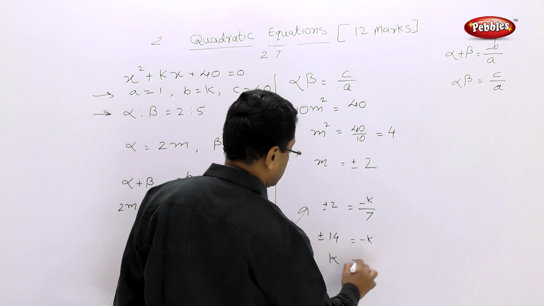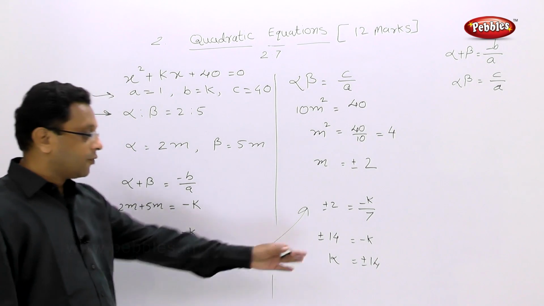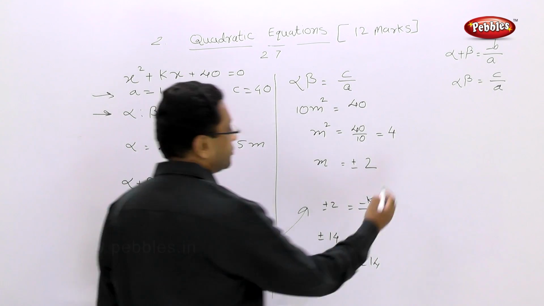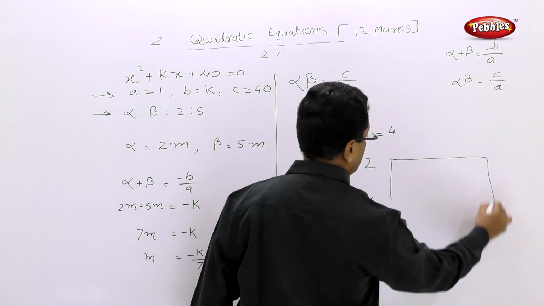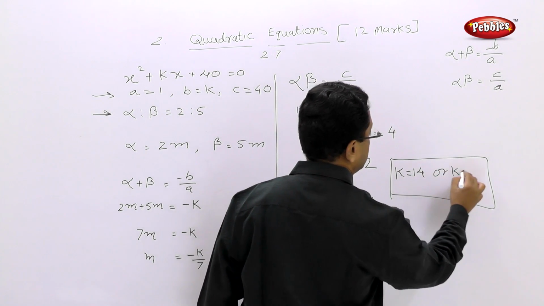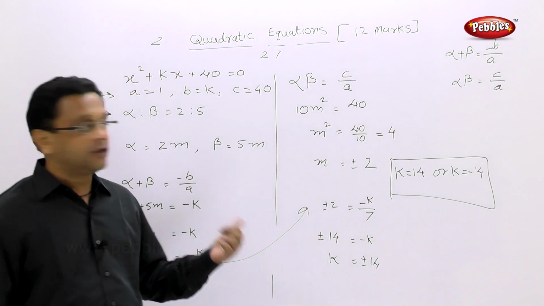So k is equal to plus minus 14. So the value of k can be 14 or minus 14, that you have to write. So k is equal to 14 or k is equal to minus 14. The answer you have to write like this.